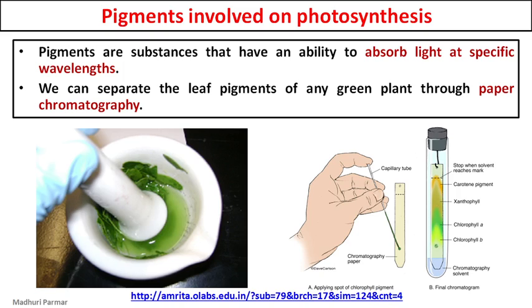We can separate the leaf pigments of any green plant through paper chromatography. Let us understand this paper chromatography and how it can be done. For the same, you can take any plant you want. Let us say spinach. We'll just take spinach because it is simplest.